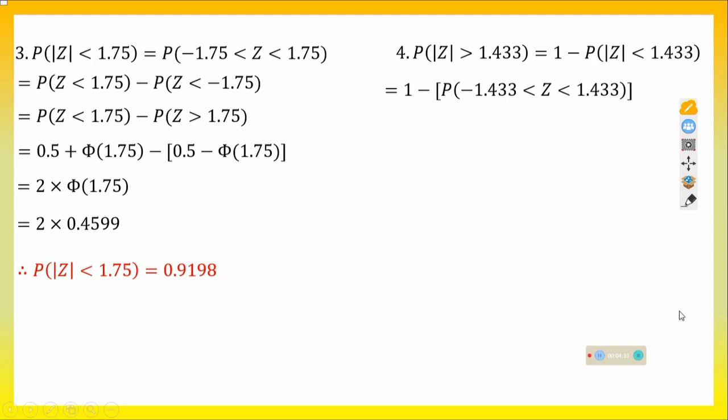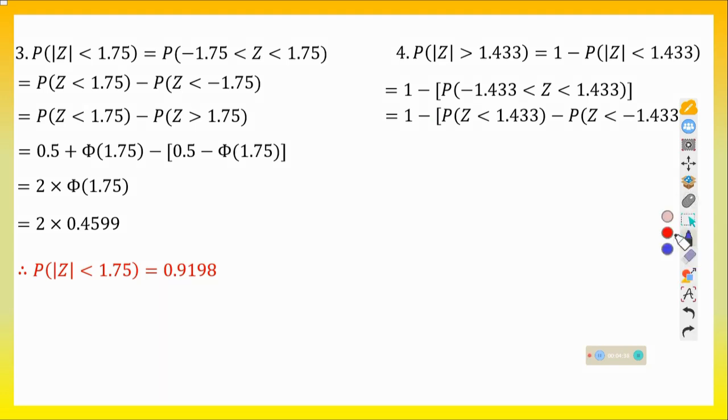Now, we are manipulating this expression alone. It can be manipulated as probability of z less than 1.433 minus probability of z less than negative 1.433, using the same procedures we have done so far.